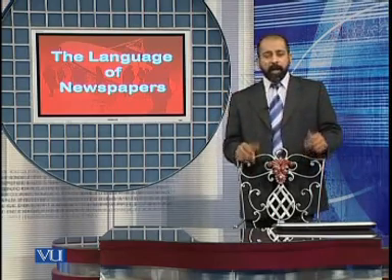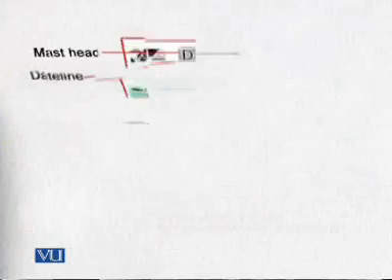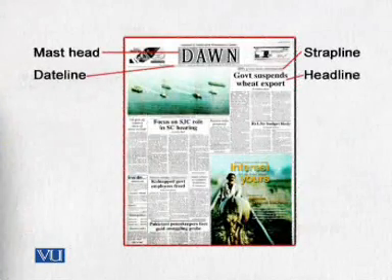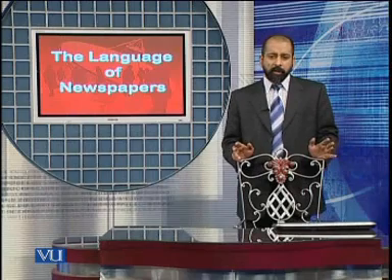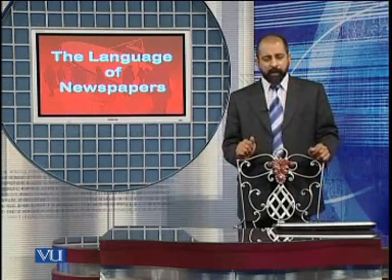By the way, after this masthead, we move towards the main headline of the newspaper. Of course, you must have heard that there are some newspapers which are serious, quality papers, and there are popular papers or popular journalism.